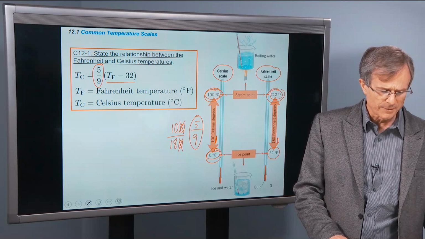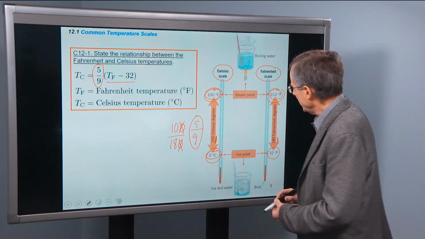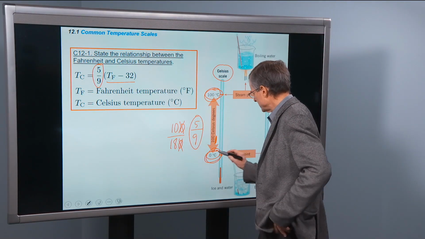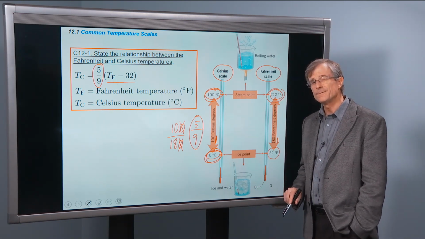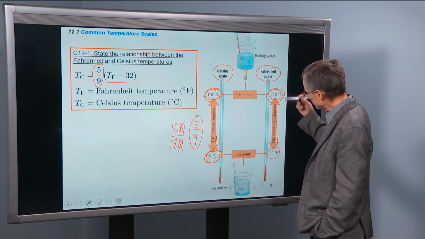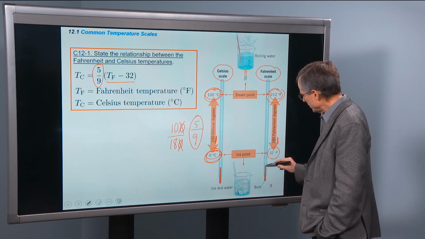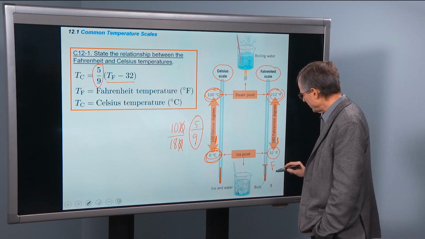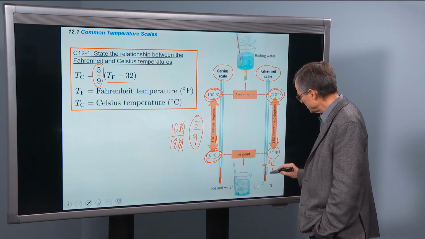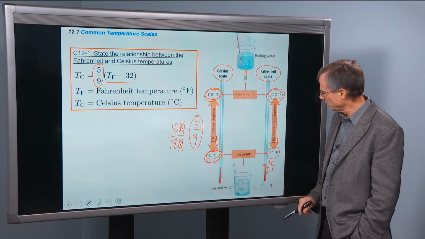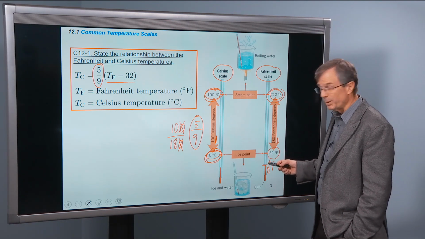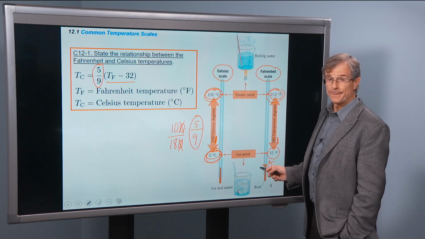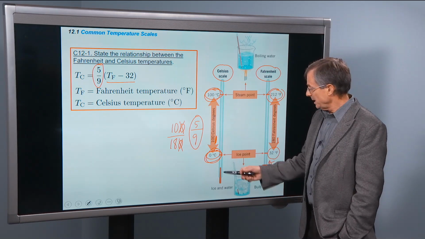We can do the math, but in one case, the temperature is 0 degrees C, and in the other case, the temperature is 0 degrees Fahrenheit. So here's 212, here's 32. So 0 degrees Fahrenheit is going to be somewhere down here. Which one's going to be colder? Well, 0 degrees Fahrenheit is below freezing, and 0 degrees C is at freezing.